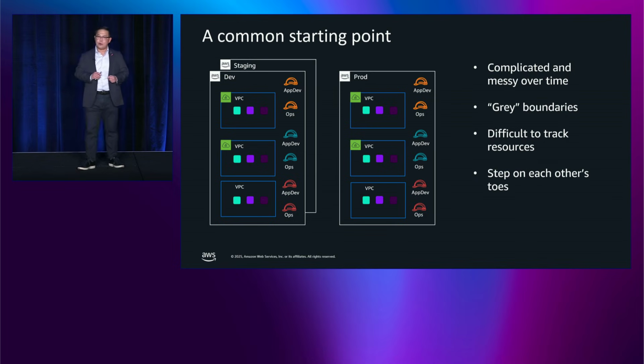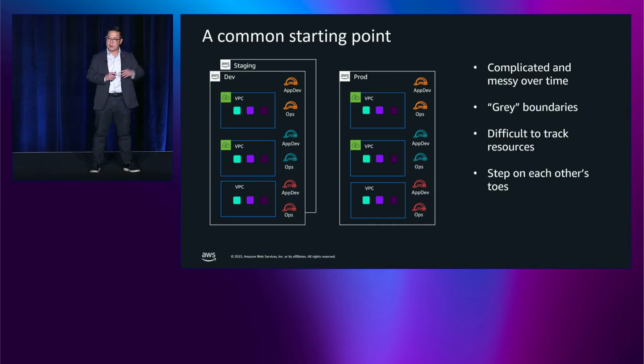Now, this approach, over time and very quickly, is going to run into complications. As customers start launching more workload into these 3 accounts, or giving more and more teams access to these environments, it becomes harder and harder for customers to really isolate the workloads.